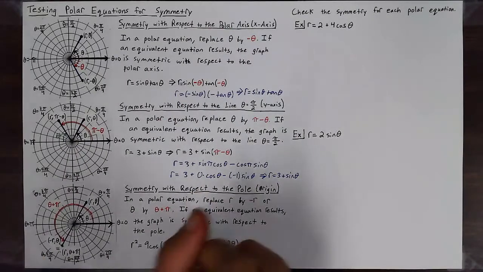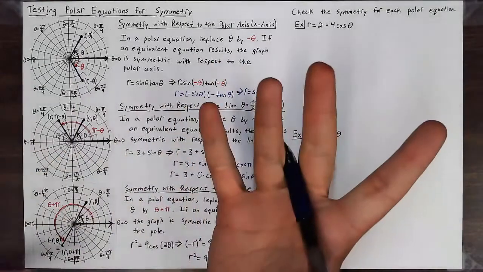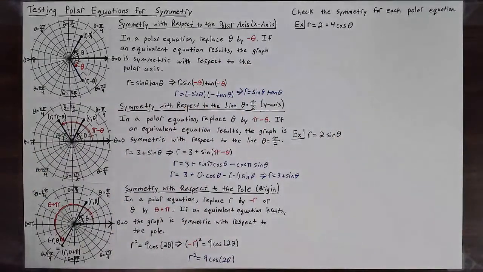Now one thing to keep in mind is that even if it fails a test, it could still be symmetric about that axis. What we call that is sufficient but not necessary.